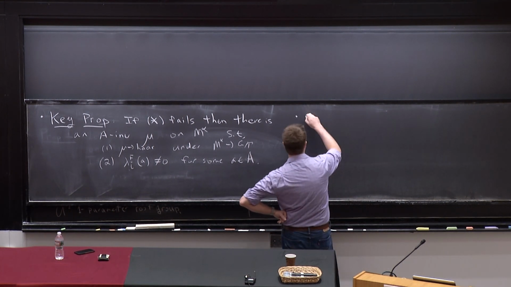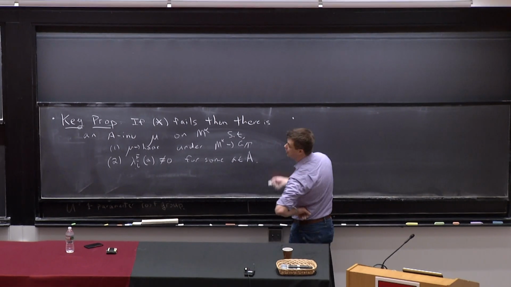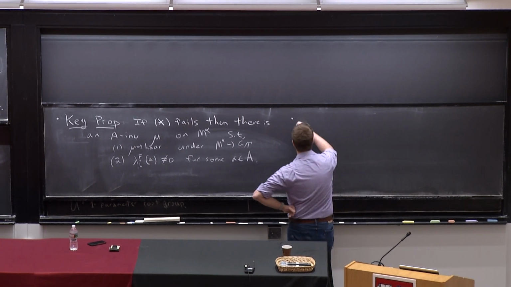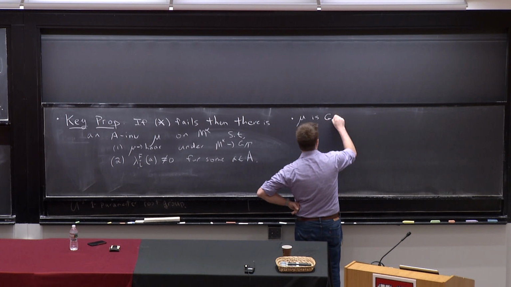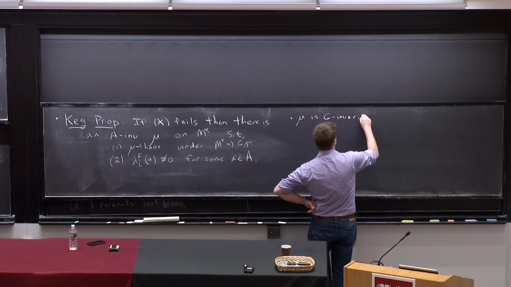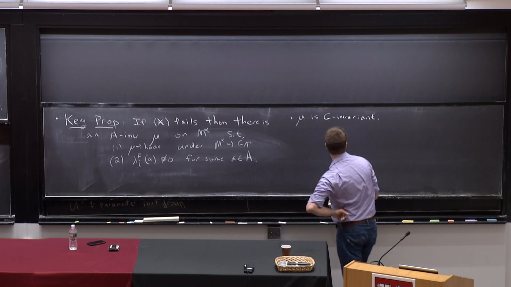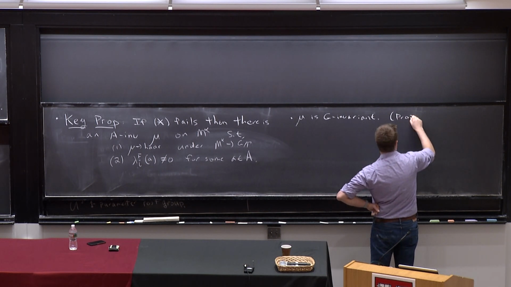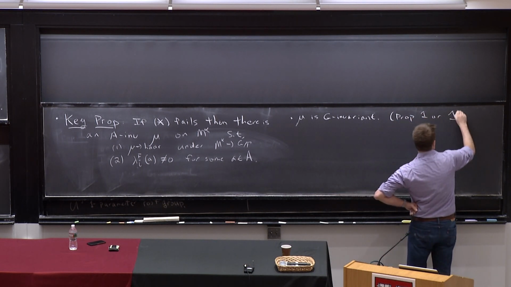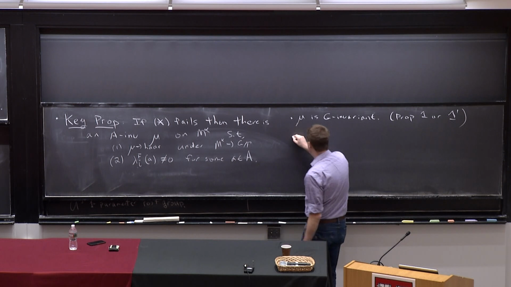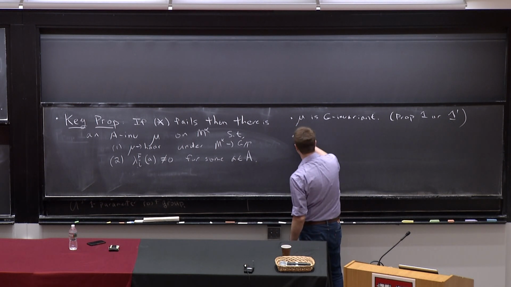Second bullet point is that using either proposition 1 prime or proposition 1, we have that mu is G invariant. And then finally, there's a contradiction.